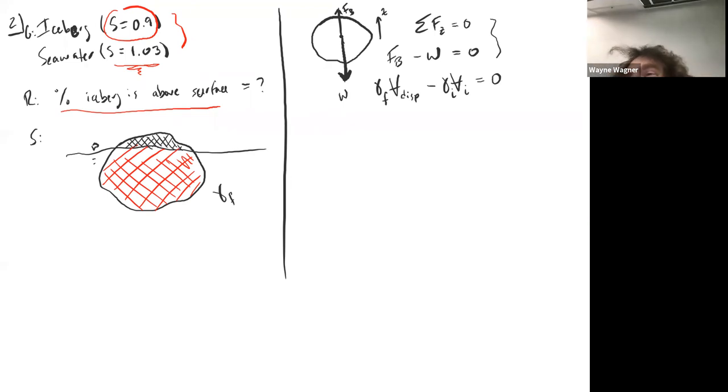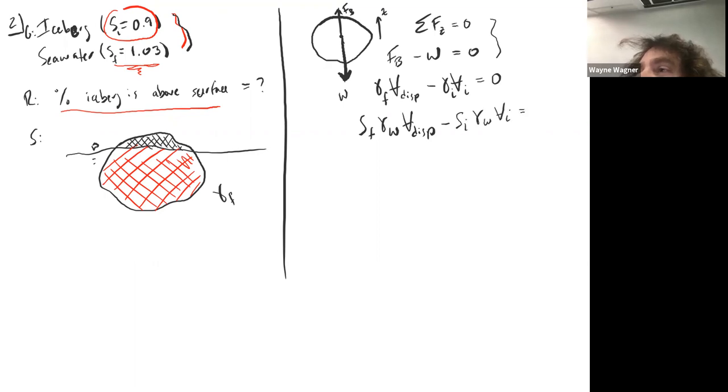So now, how do we drive at this? Well, we're just going to keep substituting. And I know I have some information right here. This is S of the iceberg, and this is S of the fluid. So I can say the gamma of the fluid is S of the fluid times the gamma of the water times the volume displaced, minus S of the iceberg times the gamma of water times the volume of the iceberg equals 0.